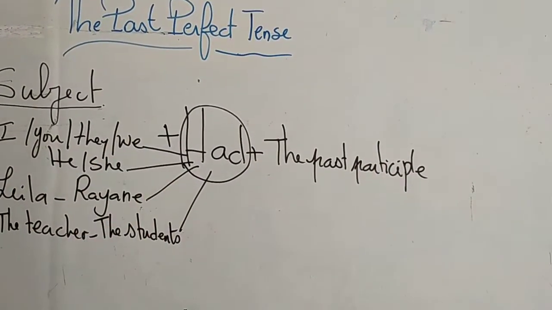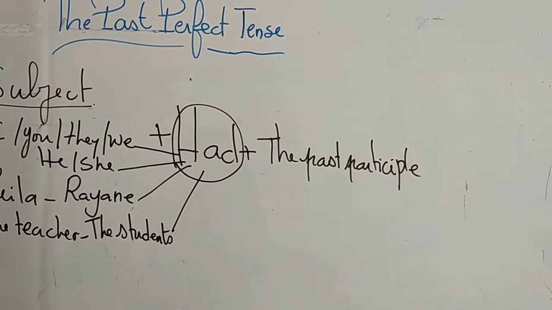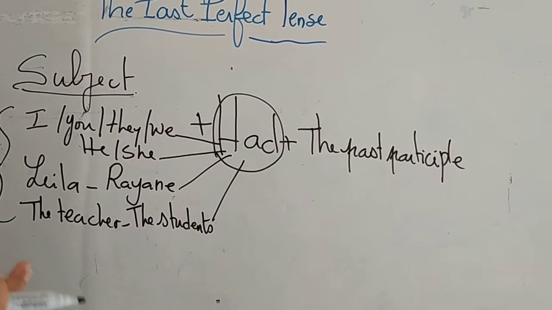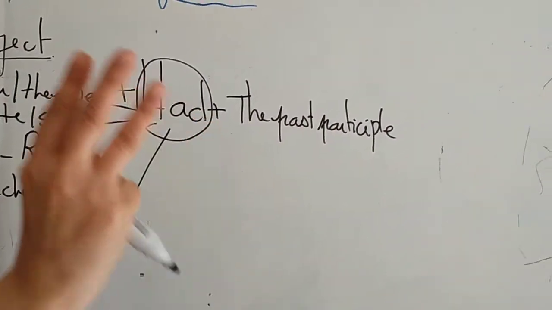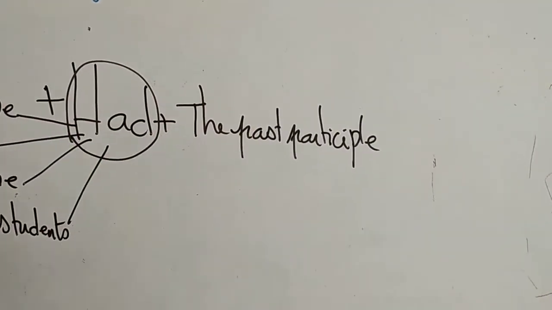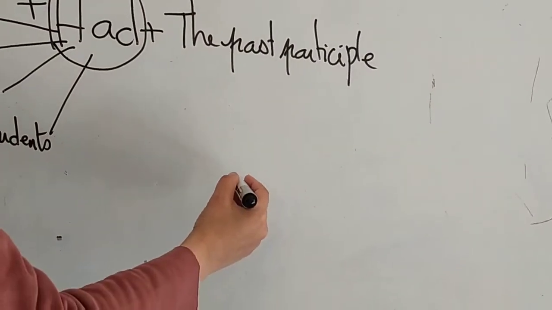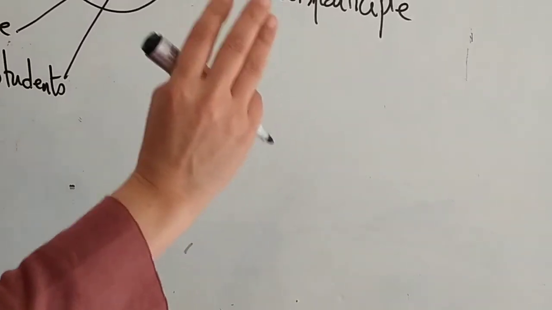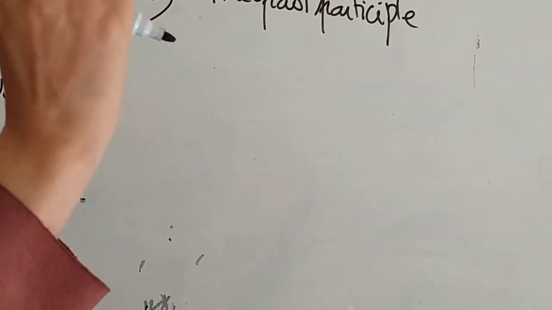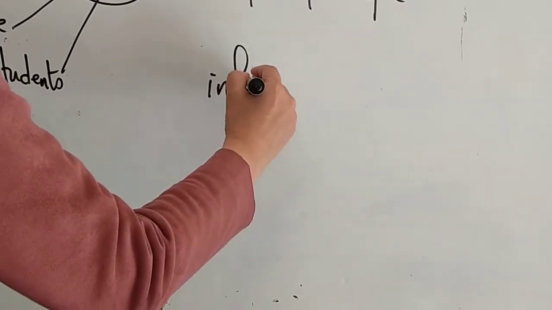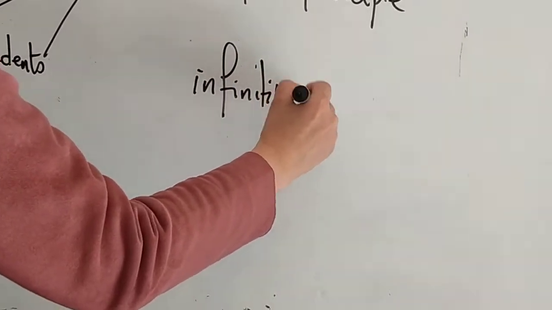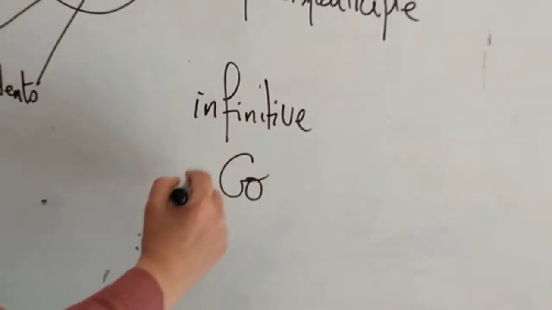Okay, the past participle. What is the past participle? I always tell you that the past participle is the third form of any verb. Look here. Let's see the verb go. The verb go has three forms. It has the infinitive, اللي هو المصدر, the verb go or to go.